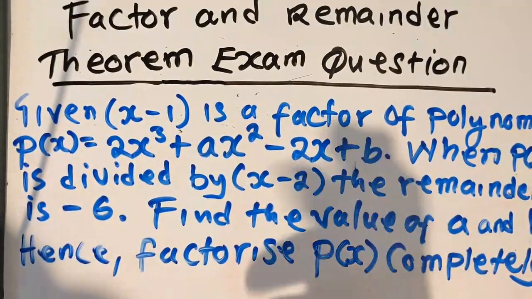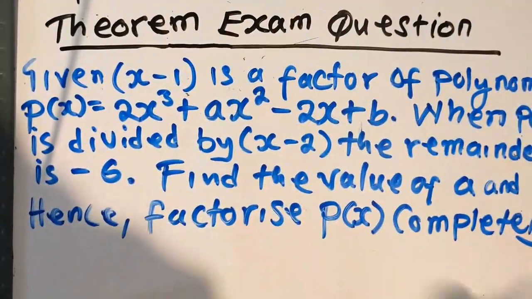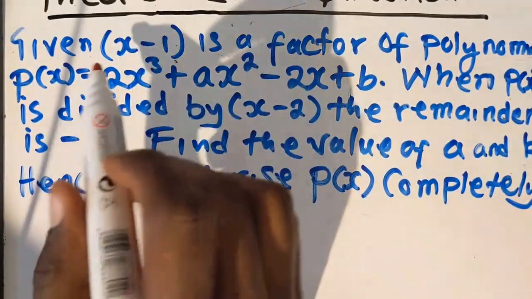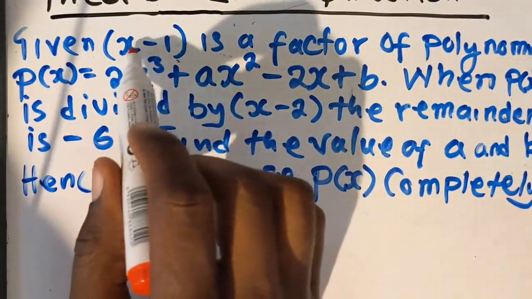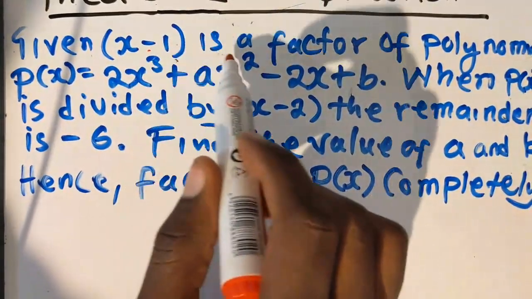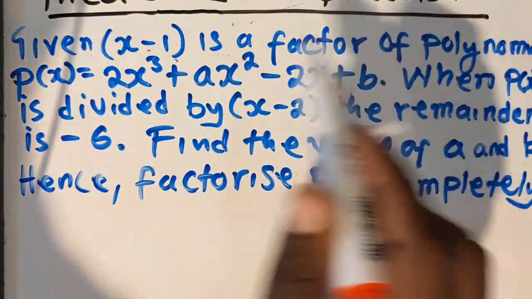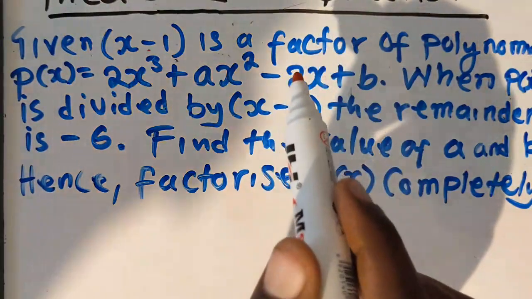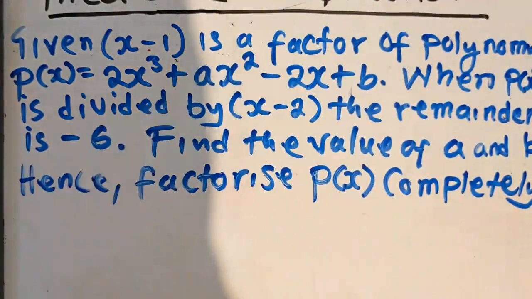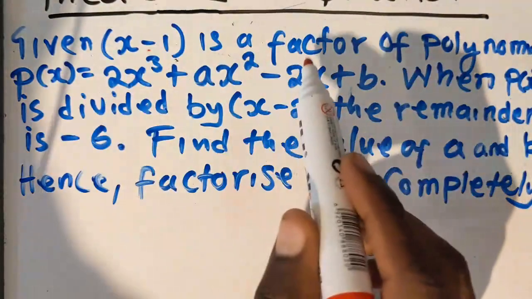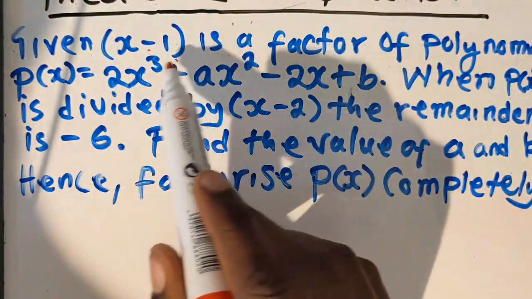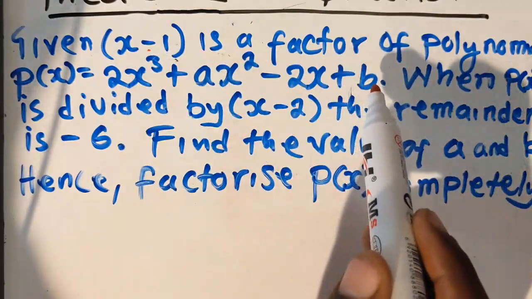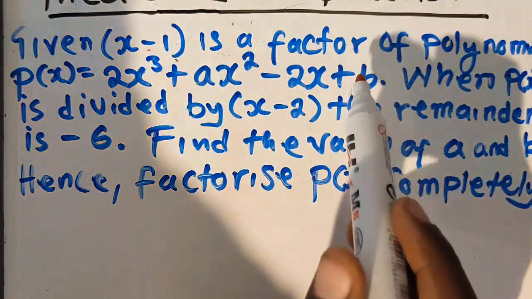So this is how the question is. It is saying that given that x minus 1 is a factor of this polynomial, okay? When we said in the previous video that it is a factor, it means that it will divide into this, and the remainder it will give you is 0.